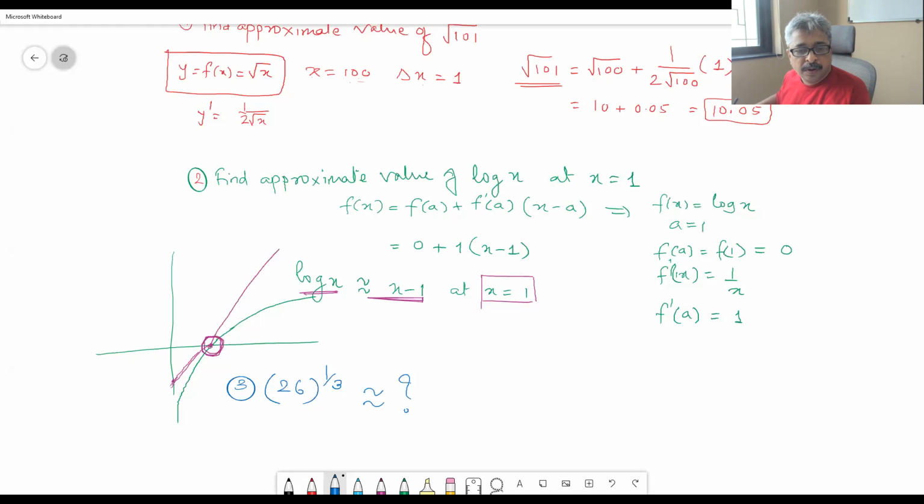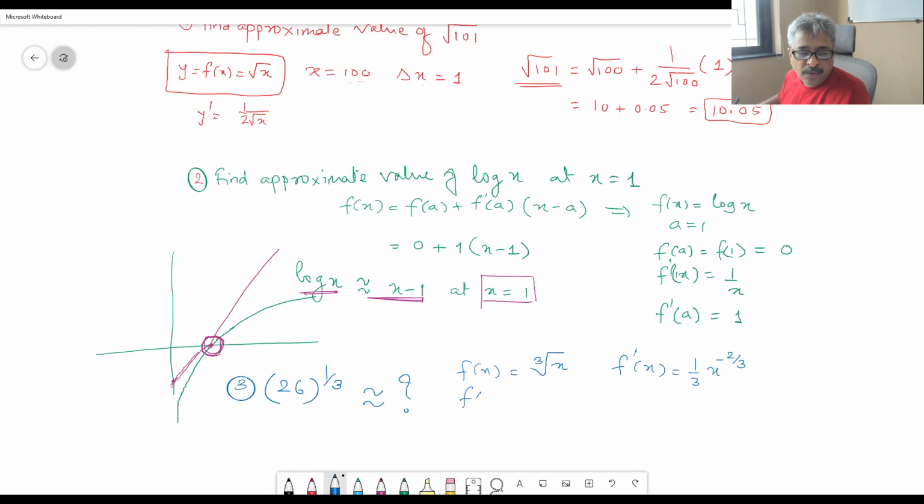Obvious, f of x is equal to cube root of x. f dash of x is equal to 1/3 x raised to minus 1/3 minus 1, so minus 2 by 3.